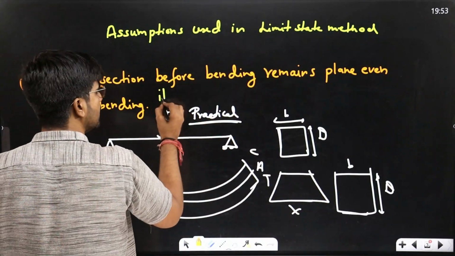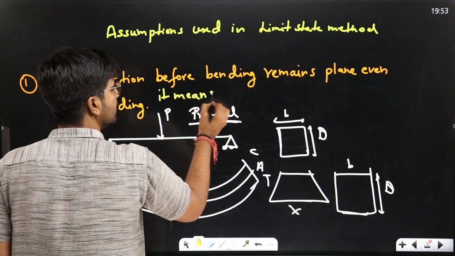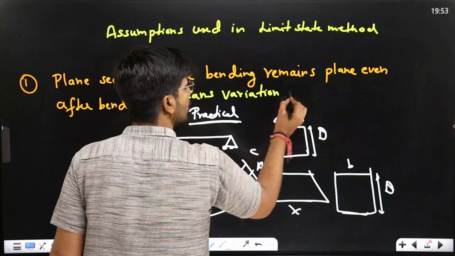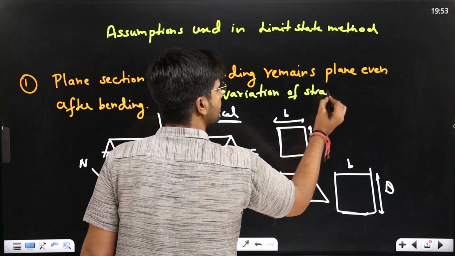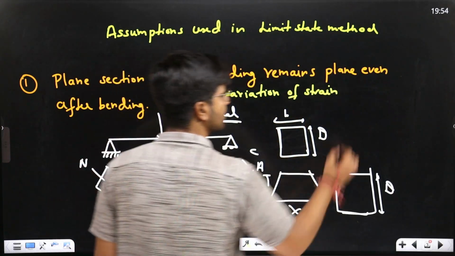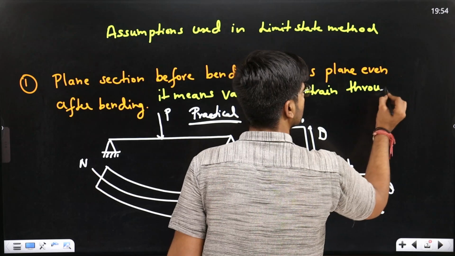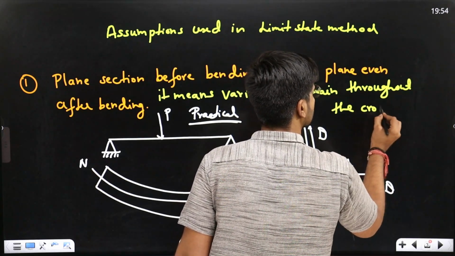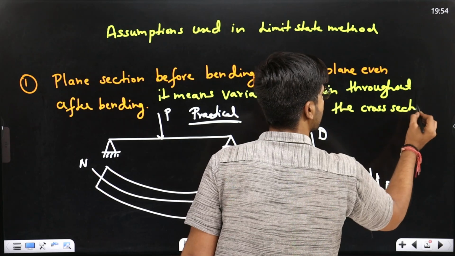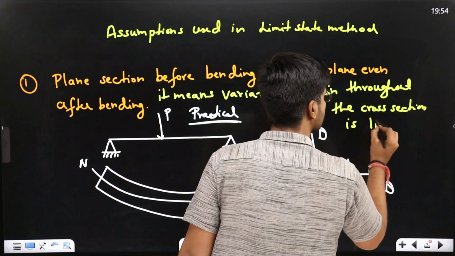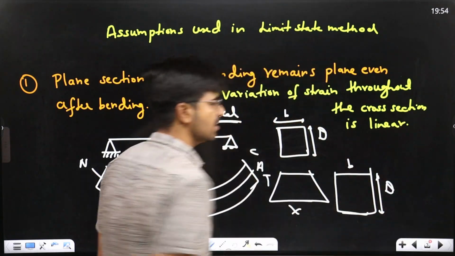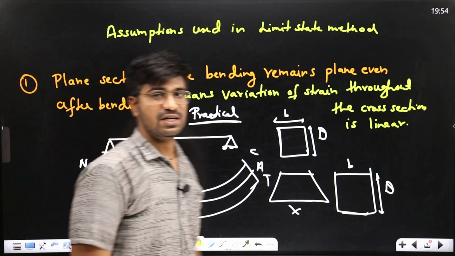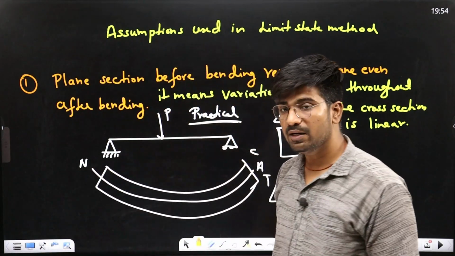It means the variation of strain throughout the cross section is linear. How is it possible?